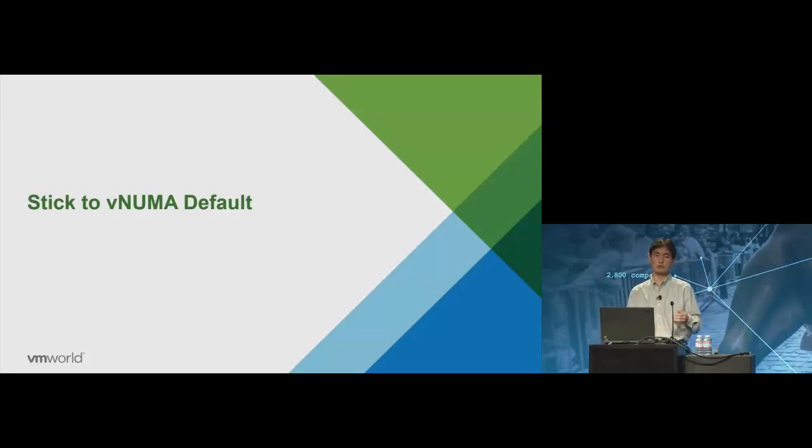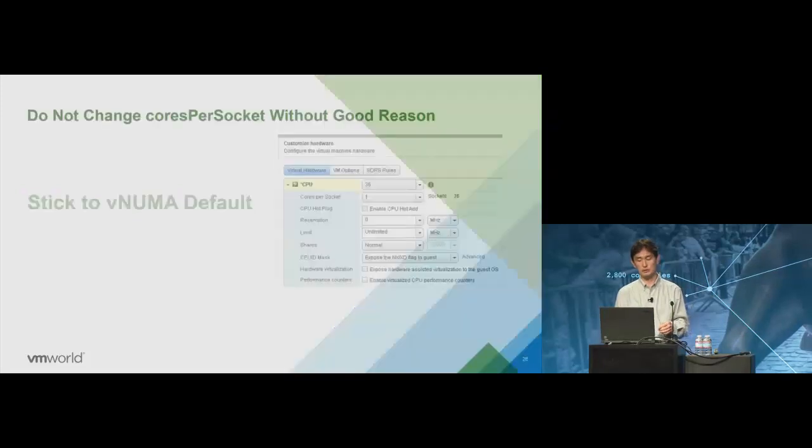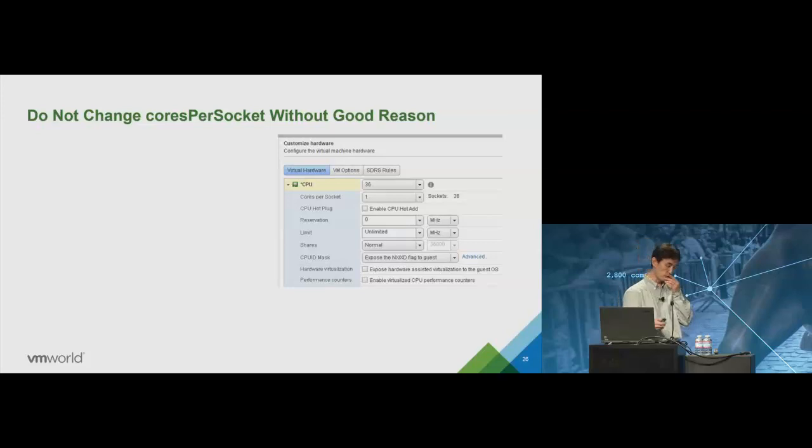There are some options, but the best practice is to stick to the vNUMA default. Now I'm going to talk about cores per socket. On the figure, I'm showing you a 36 vCPU VM. I was creating a 36 vCPU VM, and the default cores per socket gives you 36 virtual sockets.